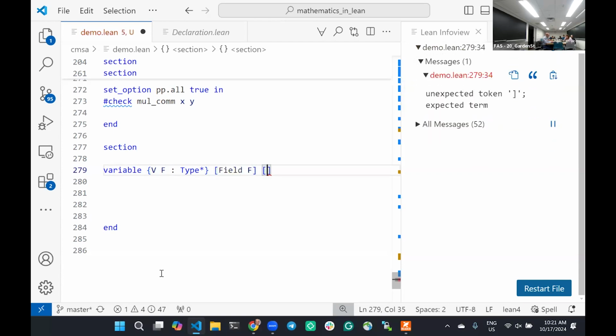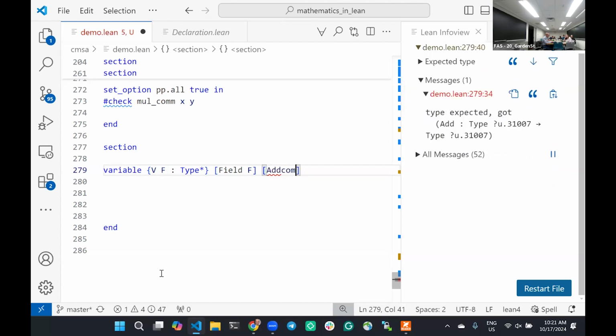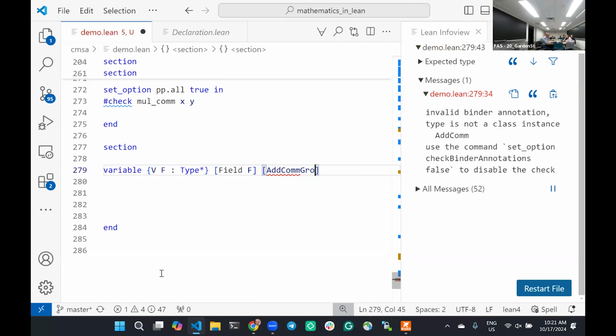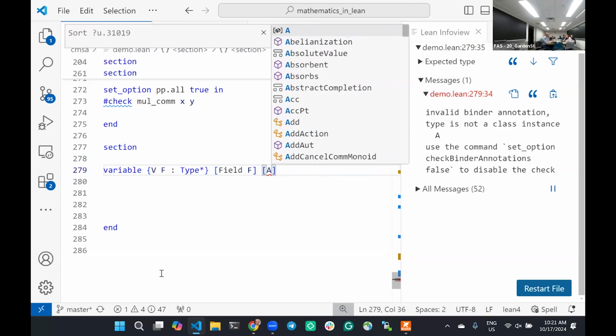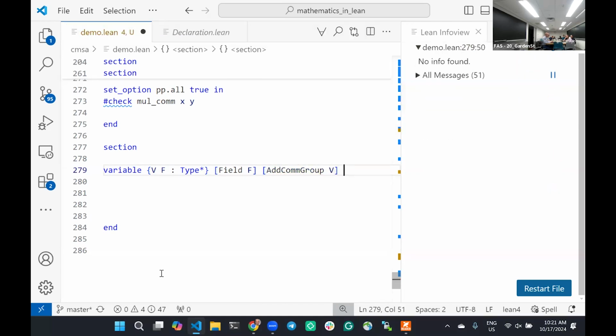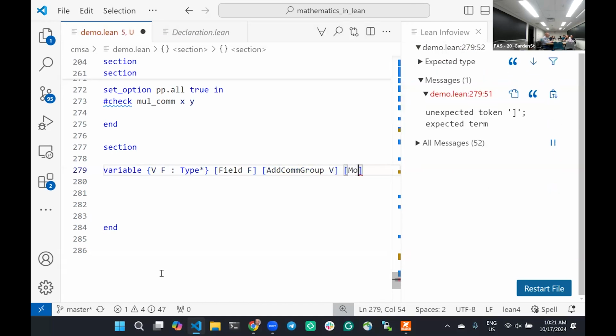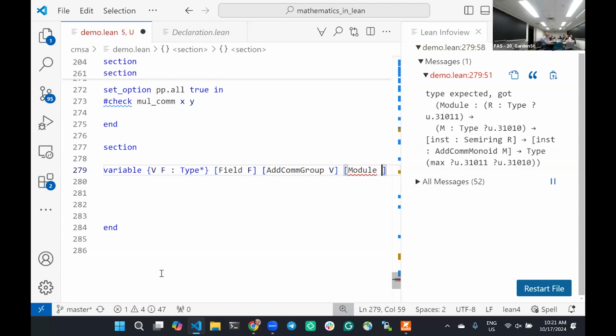And then, this is the confusing part, you want to say that V is an add comm group. Oops, sorry, no, I was right, add comm group. And then you want to say that V and F together have the structure of a module.